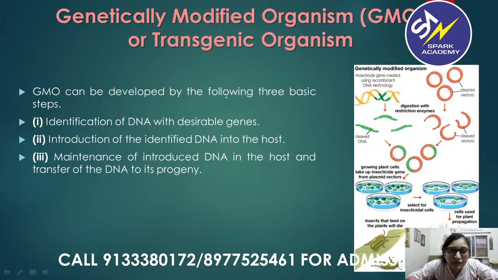GMOs can be developed by following three basic steps. First, identification of DNA with the desirable gene. Here you should first identify the particular DNA which is desirable. For example, the gene for cat eyes, or the gene for brown eyes.